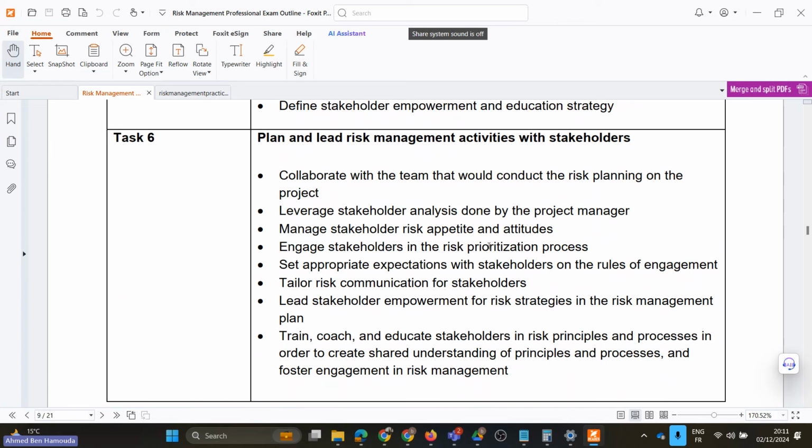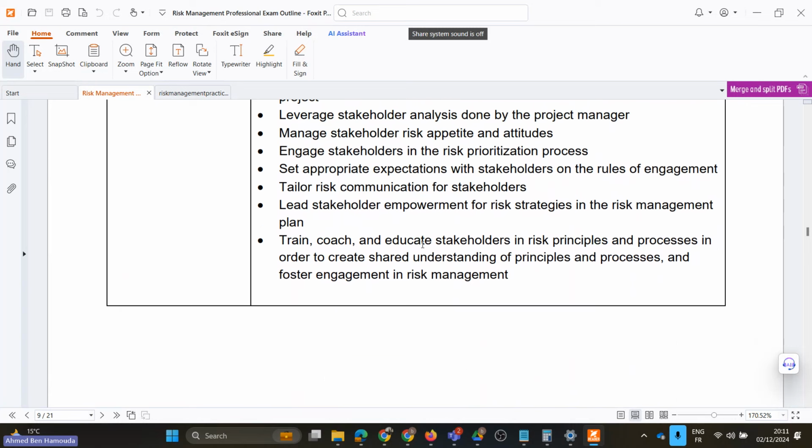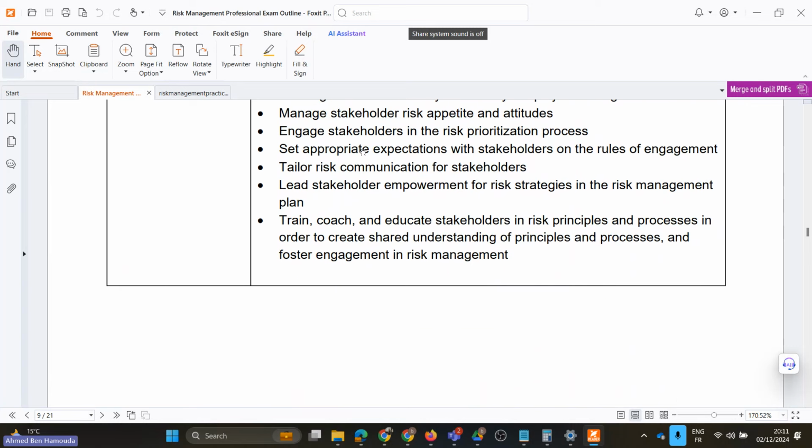Okay. Engaging the stakeholders in prioritizing the risks. And here also for risk prioritization, we will see different techniques, whether in waterfall or in agile, because they are a little different, not so different, just a little bit. Okay. How to set the appropriate expectation levels with the stakeholders on the rules of engagement, like how often and how much would you like your stakeholders to be engaged with you in managing the project risks.